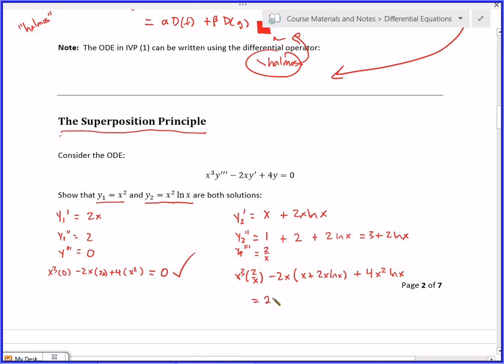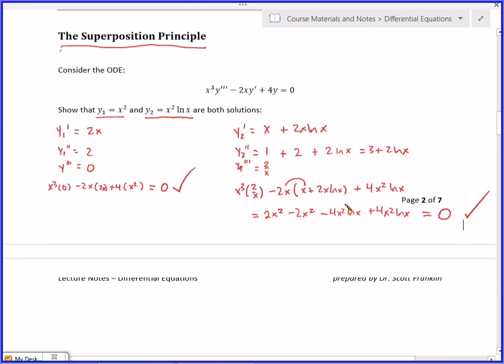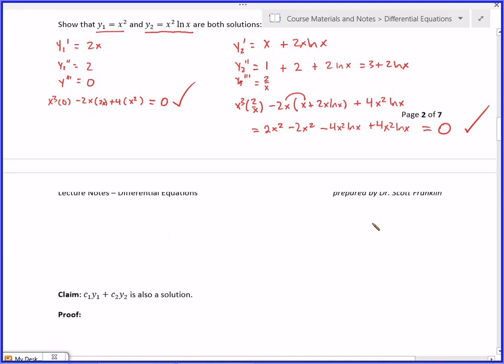That gives me a 2x squared minus 2x squared minus 4x squared log of x plus 4x squared log of x, which is 0. Okay. So I verified y1 and y2 are both solutions.